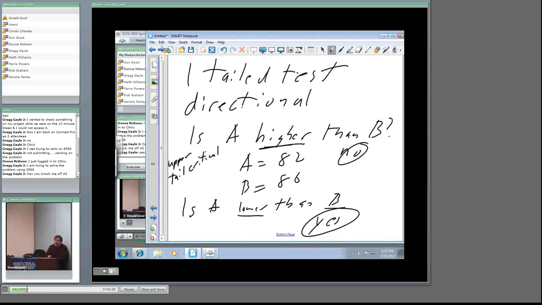So that's upper tail critical. If I'm asking lower, being on the low side, that would be then, I bet you know what the answer is, lower tail critical. But really, upper and lower tail doesn't make much of a difference because remember the normal curve is symmetrical. So you're going to look at the same numbers in terms of comparing.